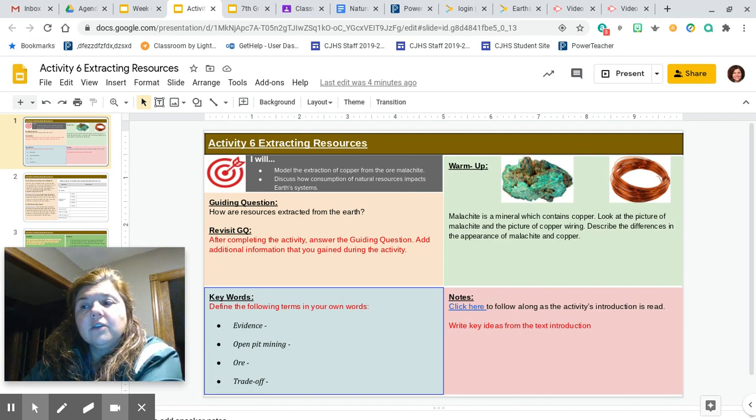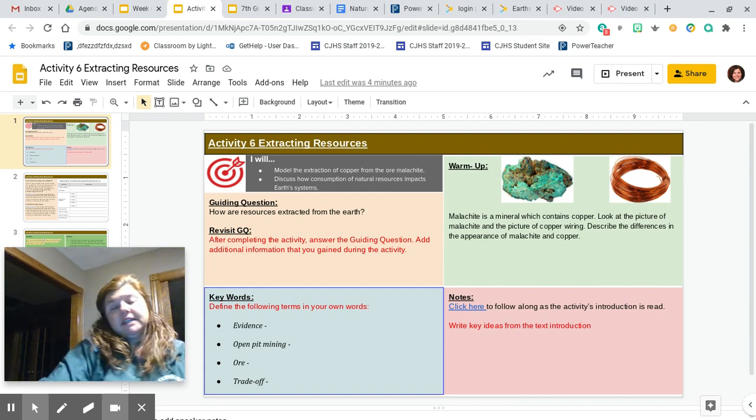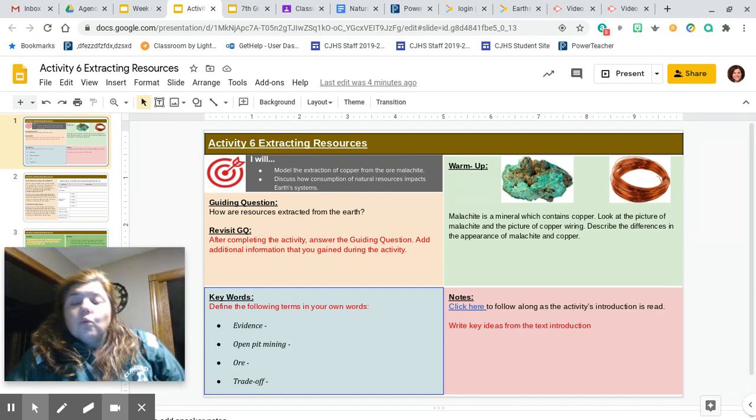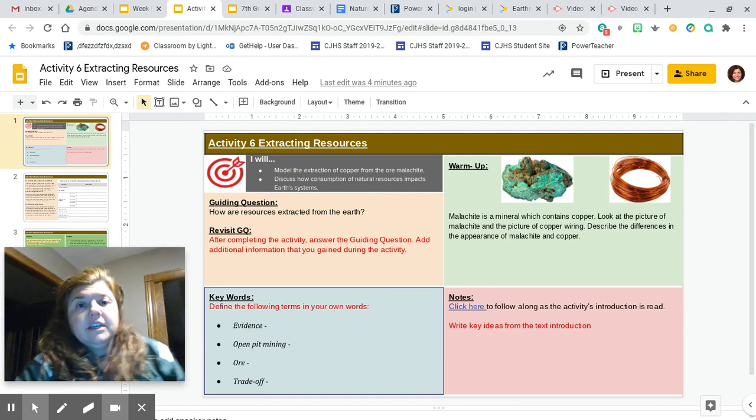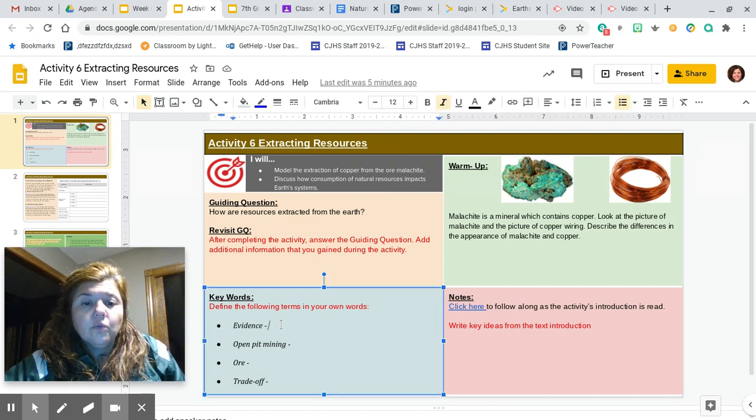What I'm looking for is a working definition, meaning we're working on it. It's not perfect yet. Just what is your understanding currently of these key words or key terms? So, in your own words, just explain what you think each of these mean as you're doing this activity.